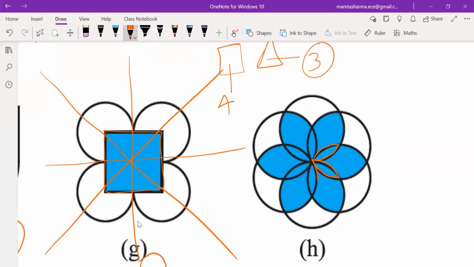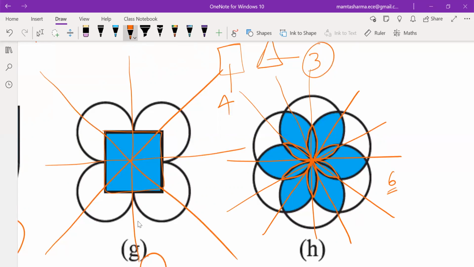How many petals are existing? 6. So the number of lines would be 6. 1, 2, 3, 4, 5, 6. Clear?